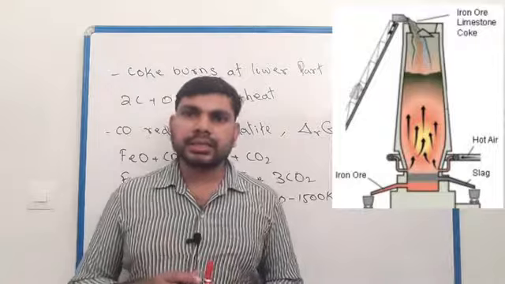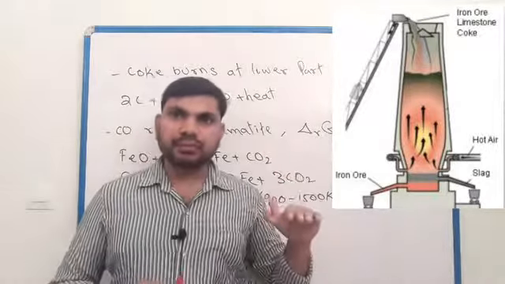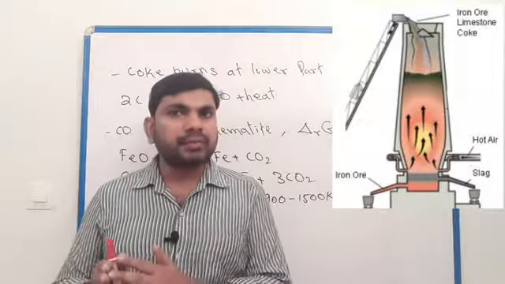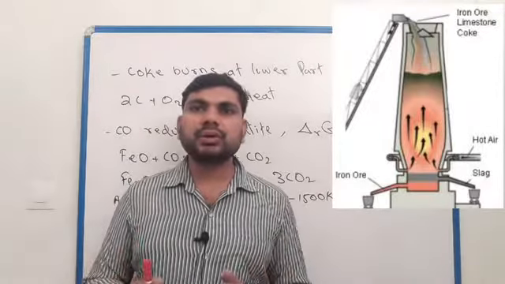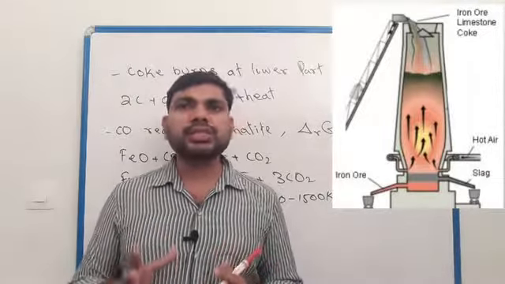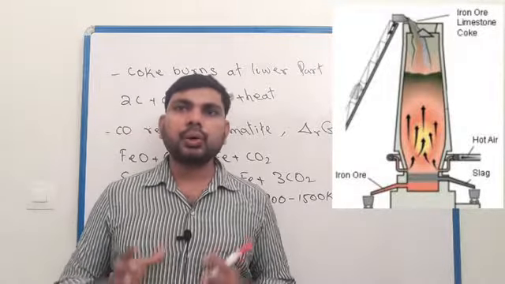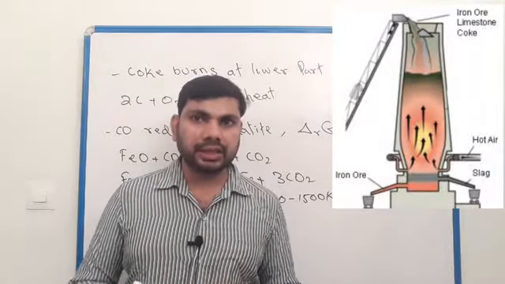We already discussed, we will add charge from the top of the blast furnace and we will pass hot blast air from the bottom part. Hot blast air consists of oxygen. This oxygen will react with coke. Coke means carbon. Coke reacted with oxygen forms carbon monoxide and heat.